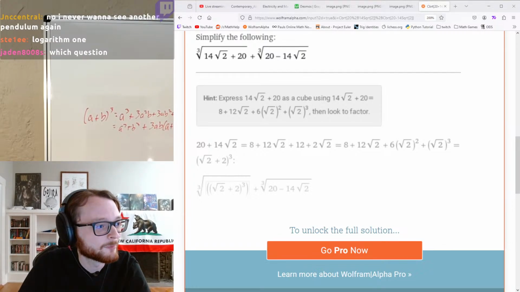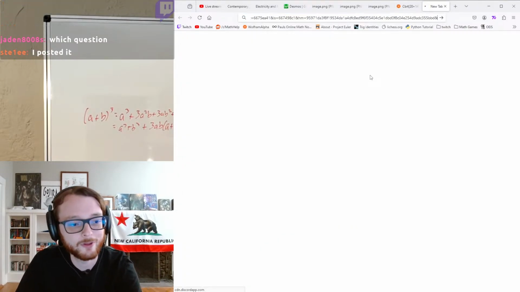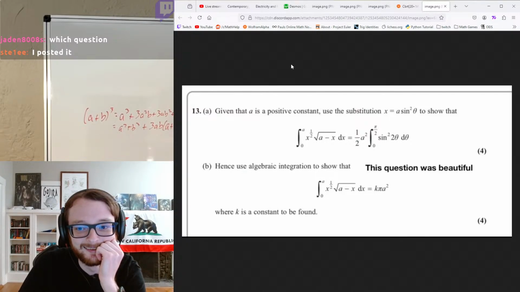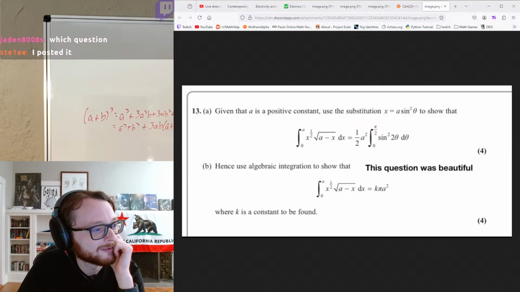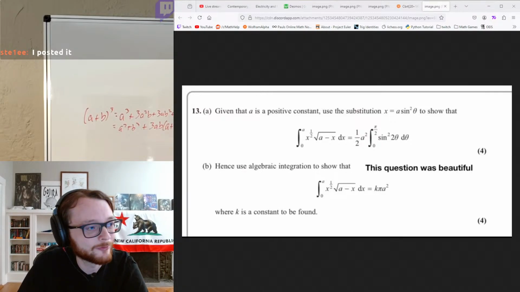There's been a few things that have been posted in the meantime. Let me look, because I can't see people's full Discord usernames right now. You never want to see another pendulum again? I saw this one got posted. Log Inequality also got posted.